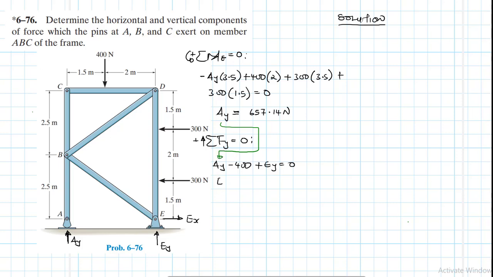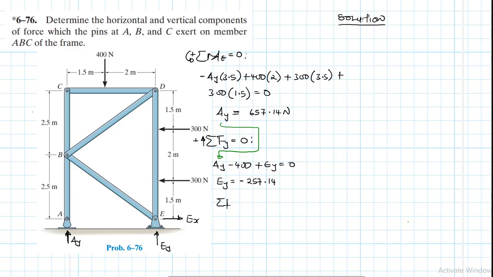Therefore, our EY is equal to 657.14 minus 400. So EY is equal to minus 257.14. So EY is just going to be in the opposite direction.